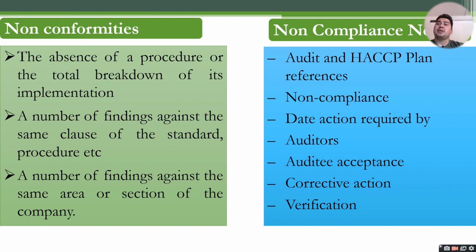A number of findings against the same clause of the standard, procedure, etc. If there are so many findings regarding the cleaning and sanitization process, then you can raise an NCR. A number of findings against the same area or section of the company. In the same section or the same area, if you have so many findings, then you can raise an NCR.